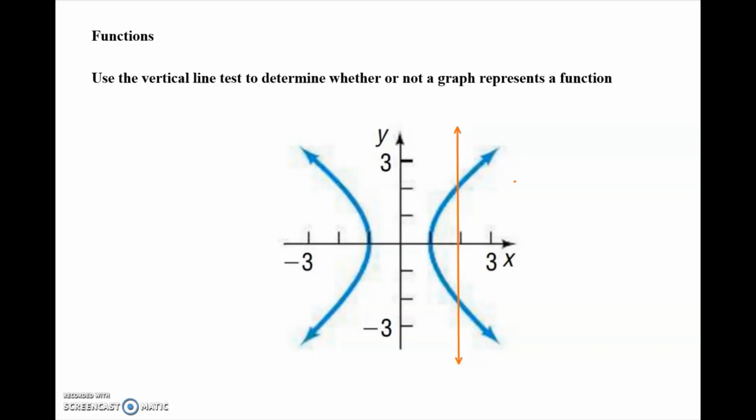We will notice that the vertical line intersects the graph at 2 points. So this is not a function. Based on the vertical line test, this cannot represent a function because the line intersects with the graph in more than 1 point.